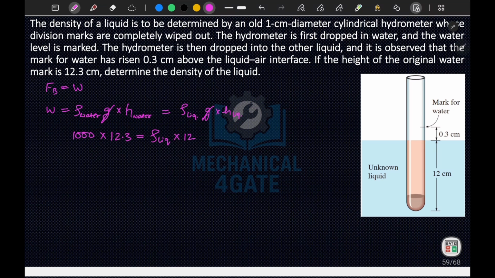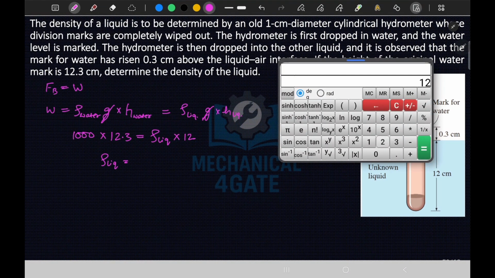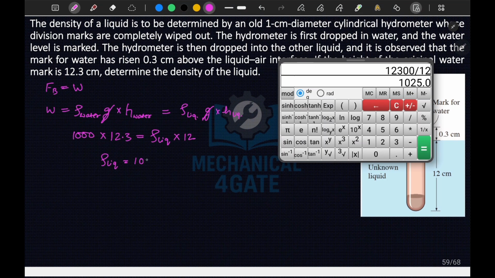Now from here rho of liquid is equal to 12,300 divided by 12, which is 1025 kg per meter cube. This is the density of the liquid.